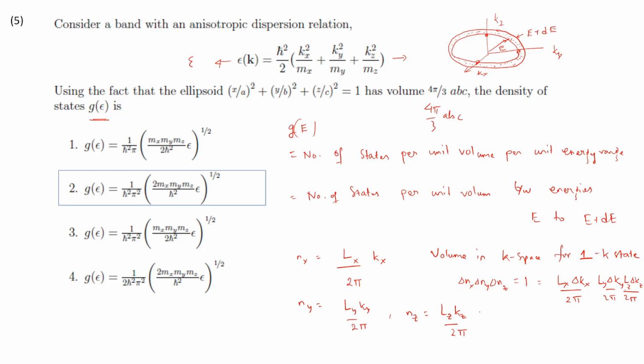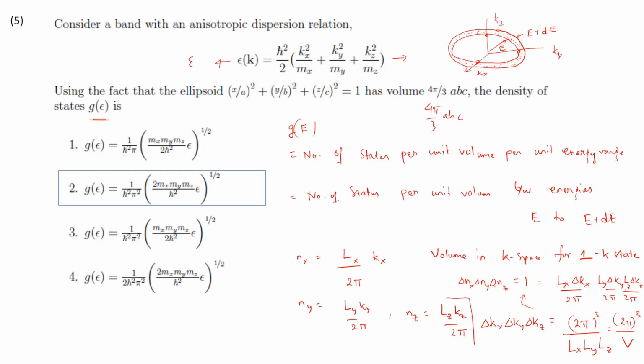So delta kx, delta ky, delta kz is the k space volume for one k state. It will be 2 pi whole cube over lx ly lz, or 2 pi whole cube divided by the volume of the material.